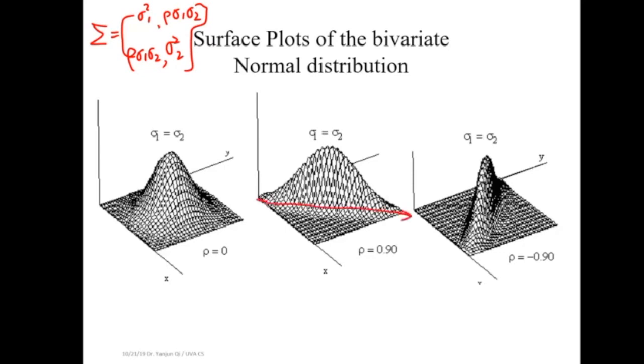This line represents x1 equals x2. This is x1, that's x2, and this is our PDF, f of x.